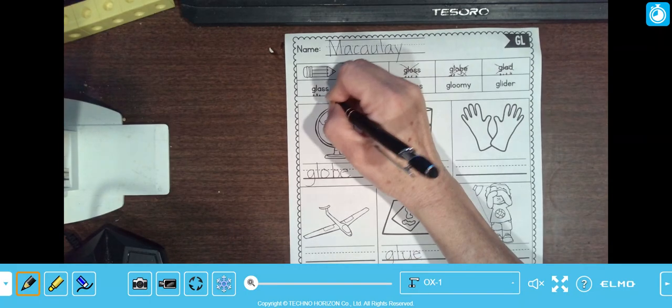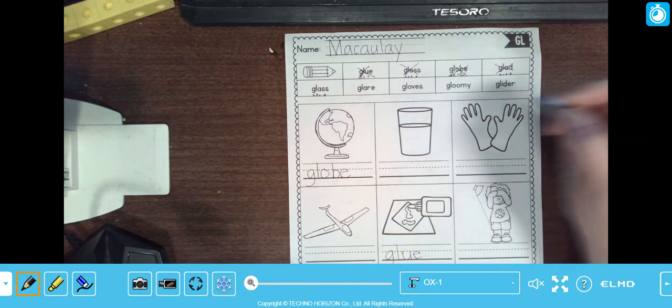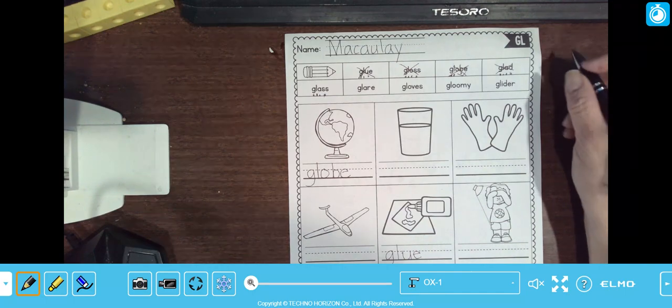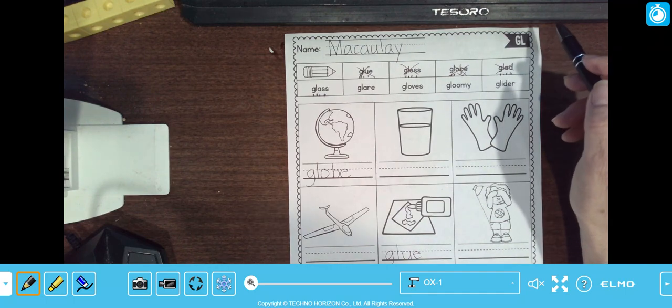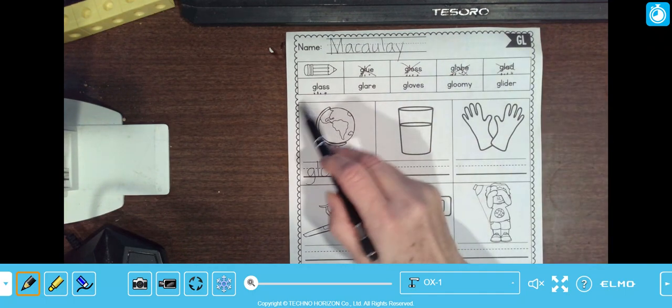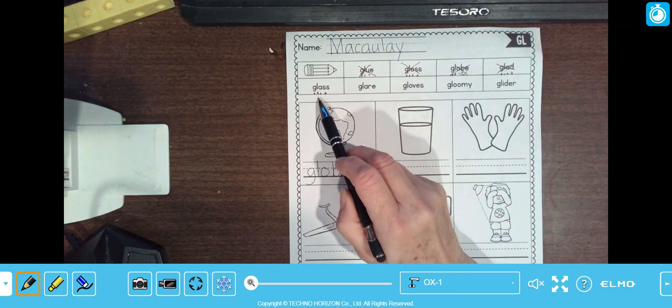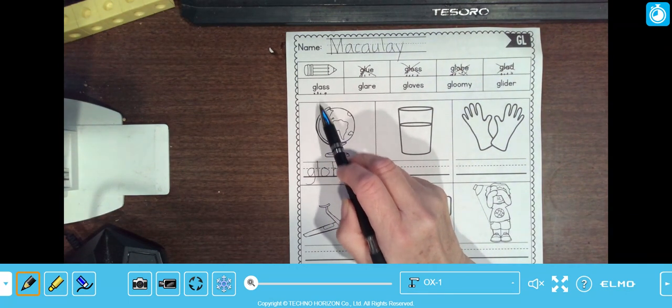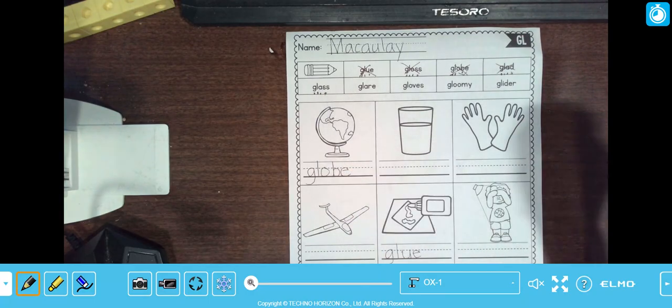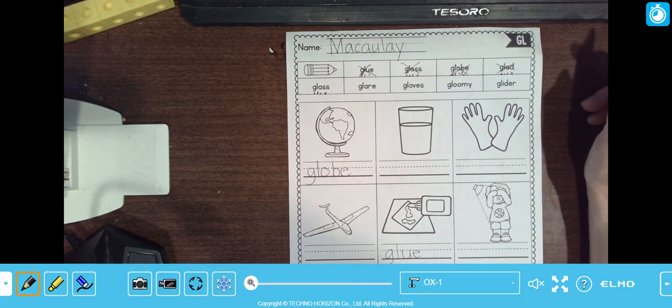S. So even though there's 2 S's, we only make 1 S sound. Okay, let's read this word. Ready? Begin. G. L. A. S. What's the word? If you said it's the word glass, you're absolutely right.